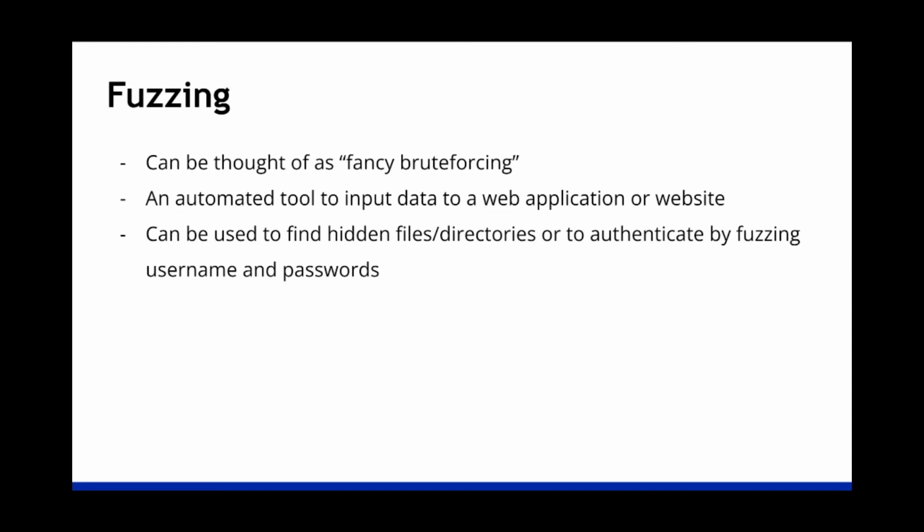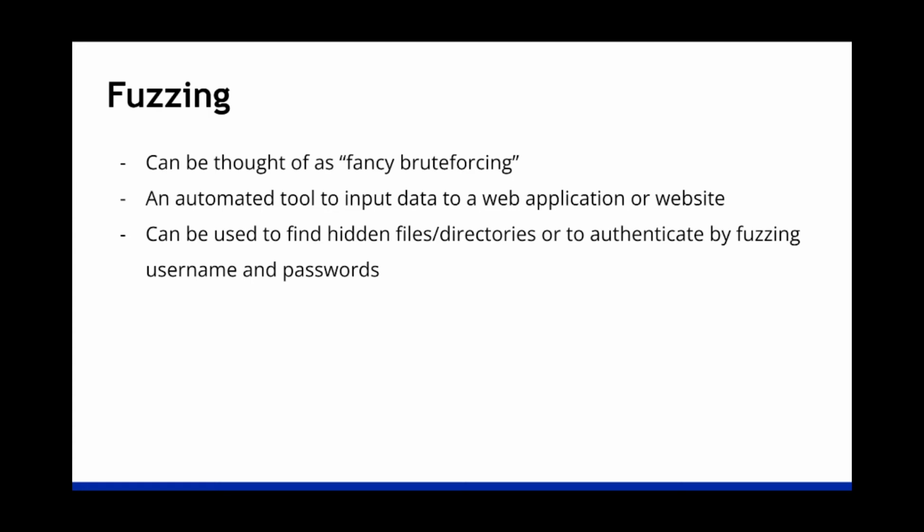When you're fuzzing, you have a word list, and I'll tell you what a word list is. You take all the words in that word list, give it as input to the application that you're trying to fuzz, and then analyze the data that you get back.